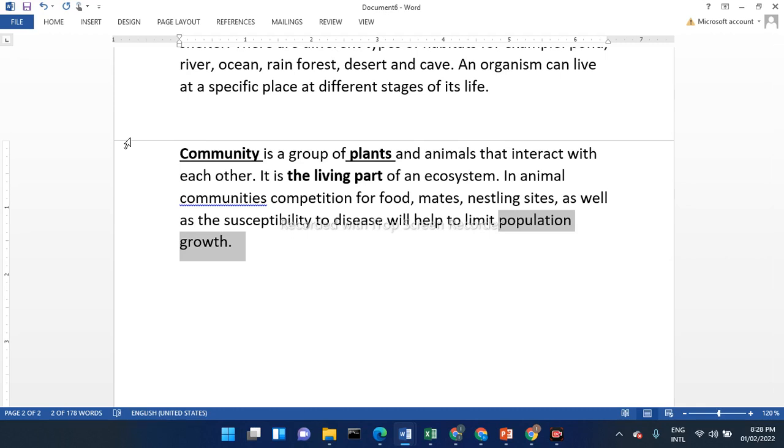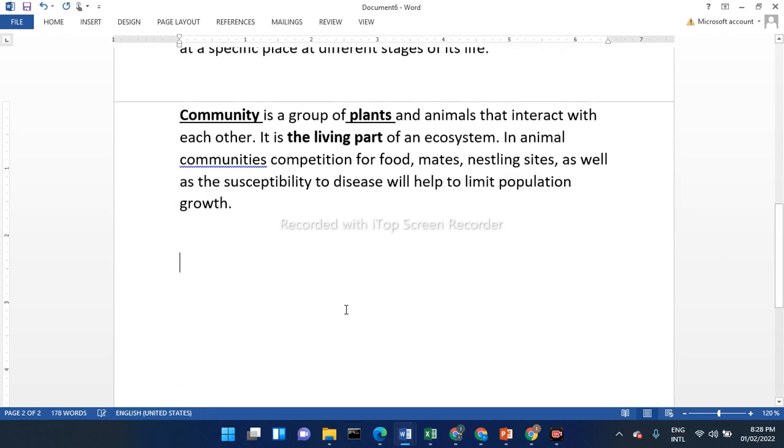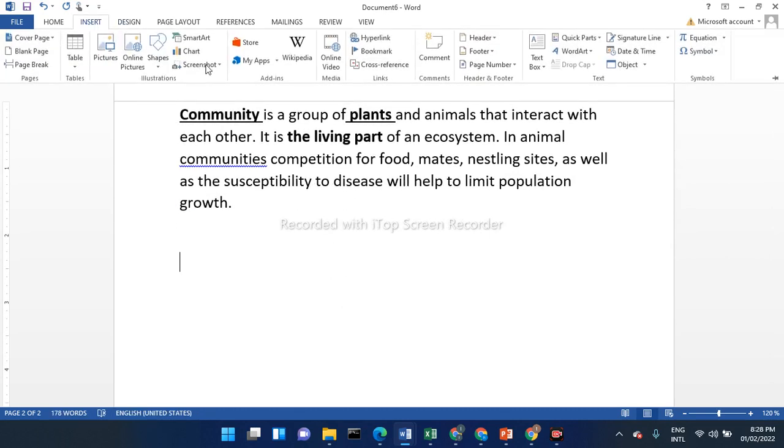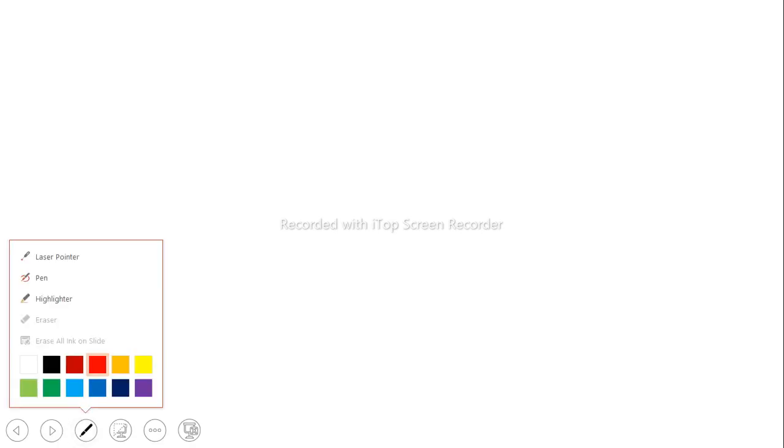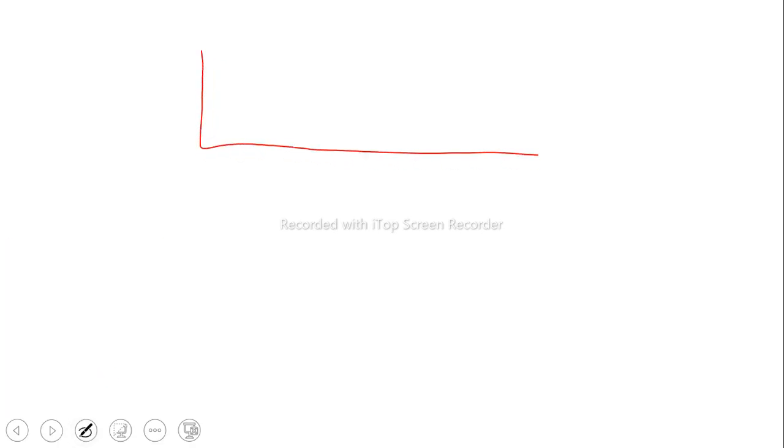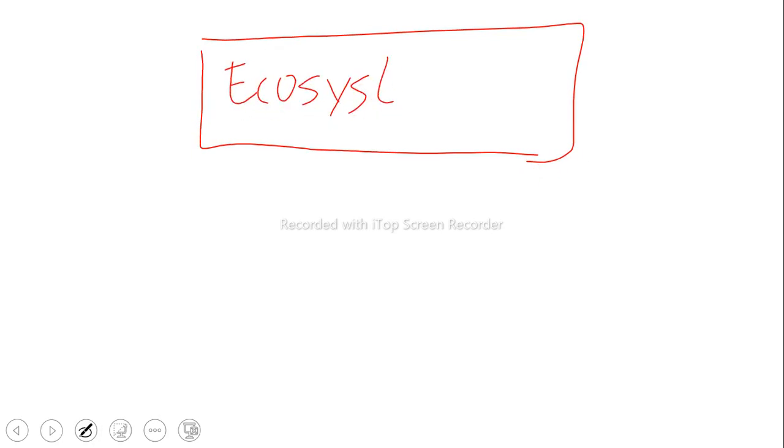So if we were to draw a diagram, let me do this diagram on the board. It's going to be ecosystem. All right, ecosystem, habitat.